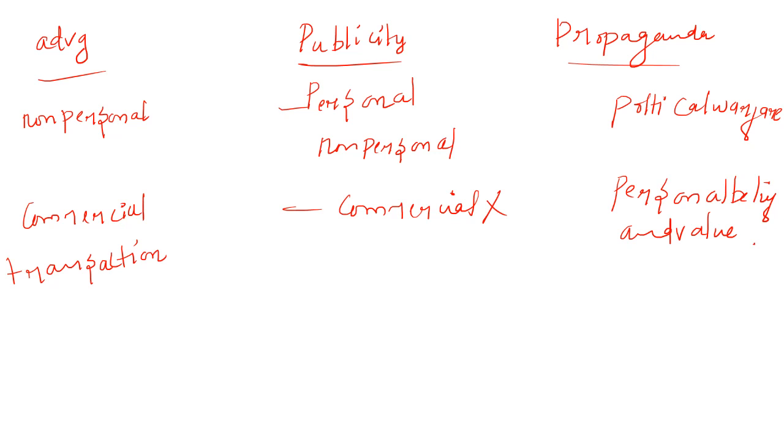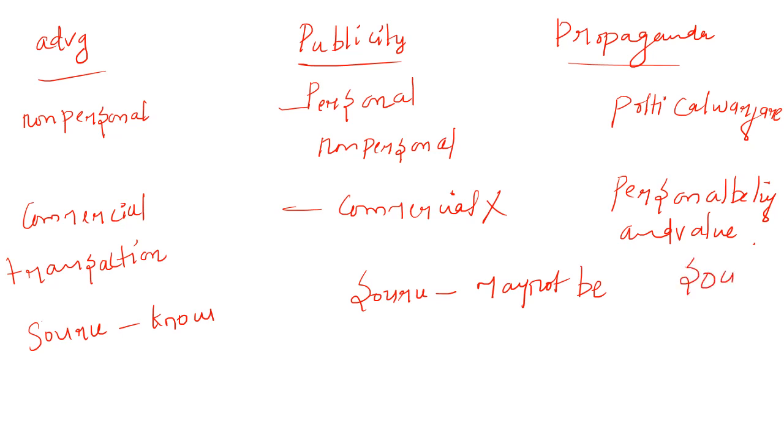Next, the source. In advertising, the source is always known. In publicity, the source may not always be known. In propaganda, like advertising, the source is always known.